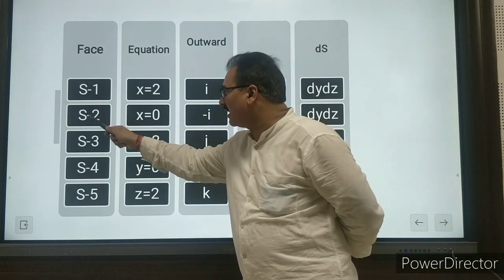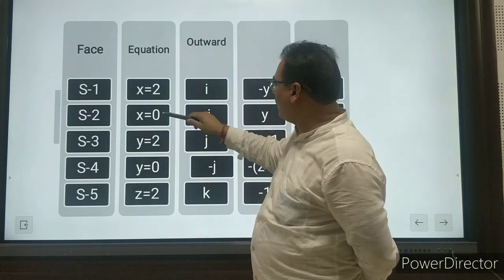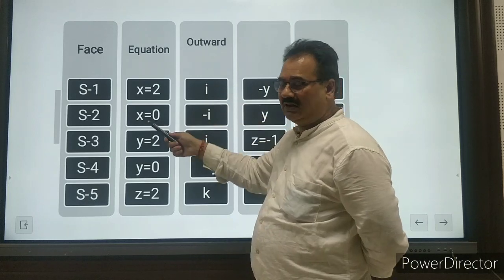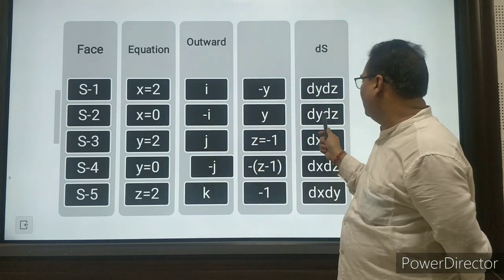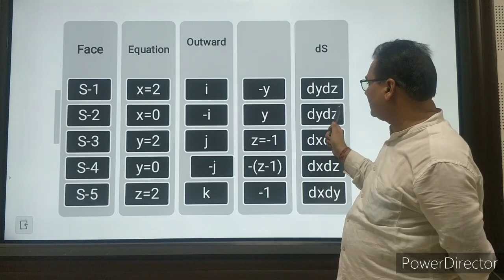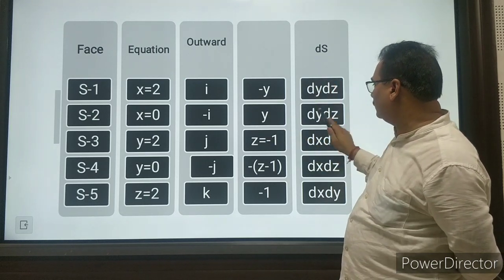Similarly, the second surface is also along this direction but opposite: x is equal to 0, minus i, y again, and dy dz with respect to x. So there is no x term.